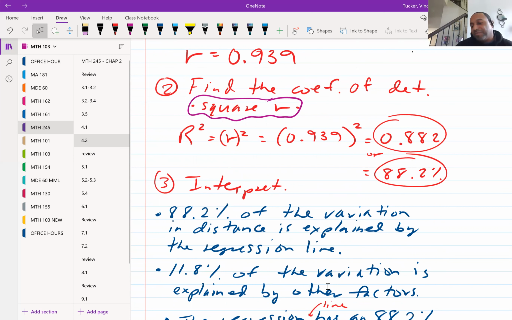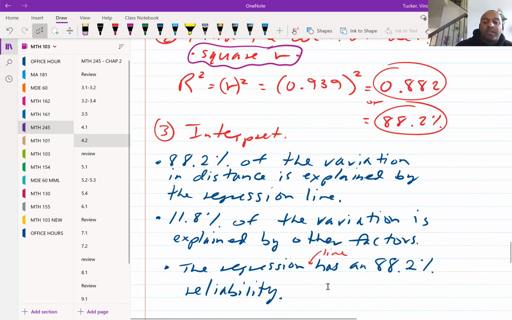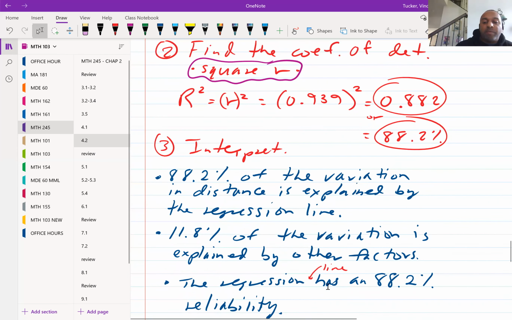Maybe you twisted your hip one way that you normally didn't with all those other observations. So that's where the 11.8% will come into play to explain why the regression line did not come up accurate. And then the regression line has 88.2% reliability.